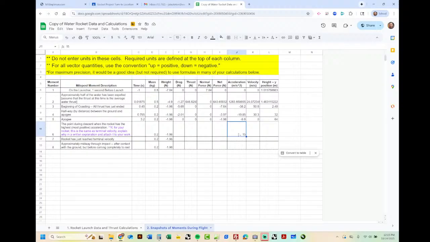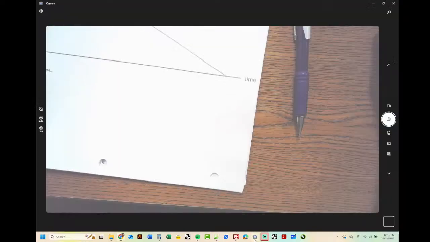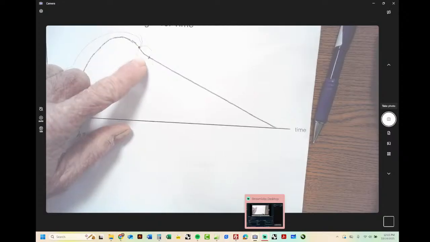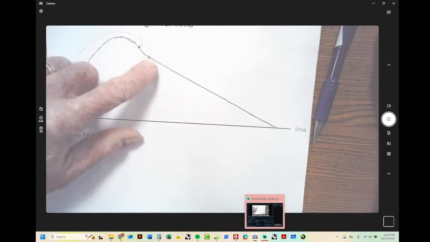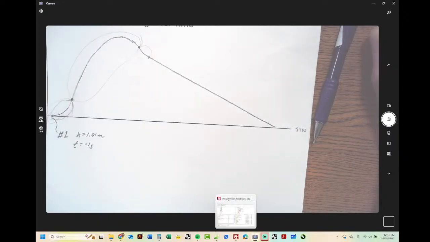So once you decide what that positive acceleration is, I don't really care. You just pick a positive acceleration if your parachute worked, or if you're pretending that your parachute worked. Some of you, it might have really just come down like this, but this is all pretend. That's okay.